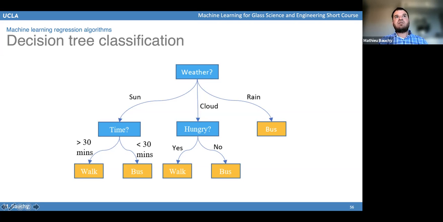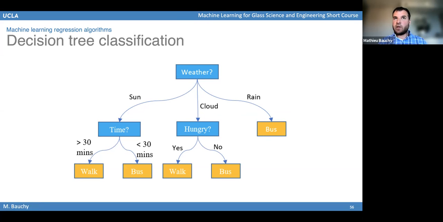And in this case, you will have certain features that describe the current condition. For example, you will have three features. What's the weather like? Is it sunny, is it raining, or is it cloudy? That's one feature. So that's one input.